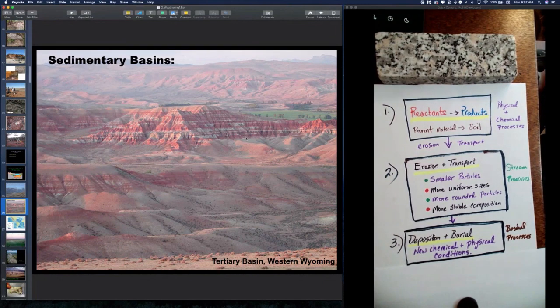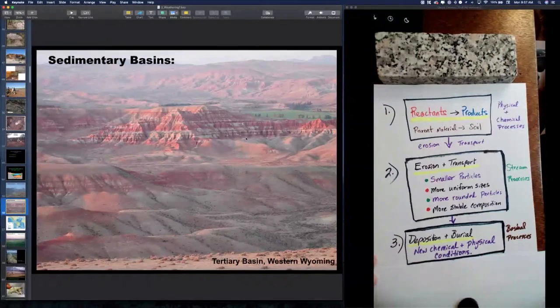Okay, so we're going to start making new minerals because as soon as we deposit it and bury it, we're going to start having new chemical and physical conditions, new solution, different kind of water that it's interacting with. So if you get down below a kilometer especially, you're really not dealing with drinkable groundwater that's in the pores of the rock.